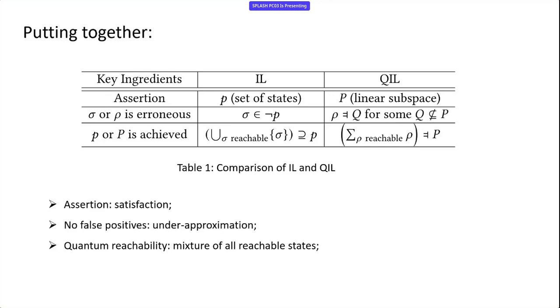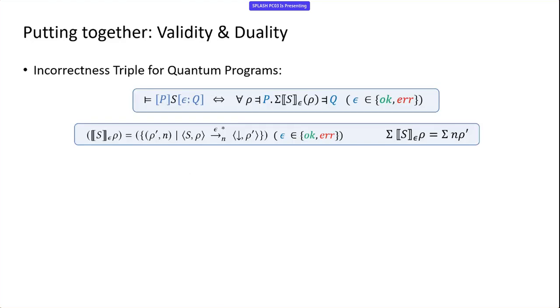That's the difference. Now we give the formal definition of our triple. An incorrectness triple P S Q holds if and only if for any rho whose support is under-approximated by P, the mixture of all possible reachable output states is under-approximated by Q. Following is the denotational semantics of S rho.